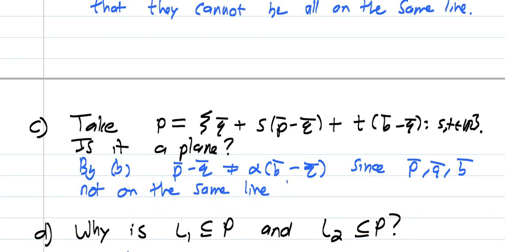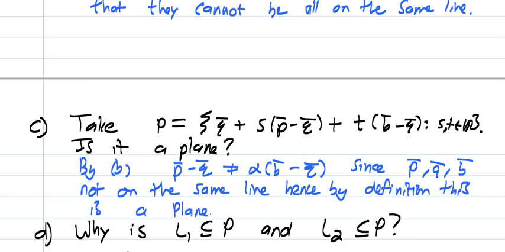Hence, by definition, this is a plane. Again, you need to know that planes are sets of the form vector plus scalar times a vector plus a scalar times another vector, but the two vectors in front of the scalars should not be scalar multiples of one another.